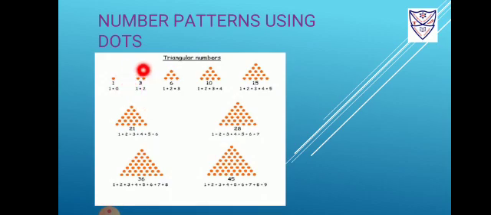And using 3 dots, triangles are made. So the next pattern is 1 plus 2 plus 3. Here 1 plus 2 was the earlier pattern, plus 3, it is increased by 1. Total how many dots are there? 6. But now how is this pattern formed? See, the earlier pattern is 3, so till 3 the earlier pattern is used, and these 3 dots are added on this side, 1, 2, 3.